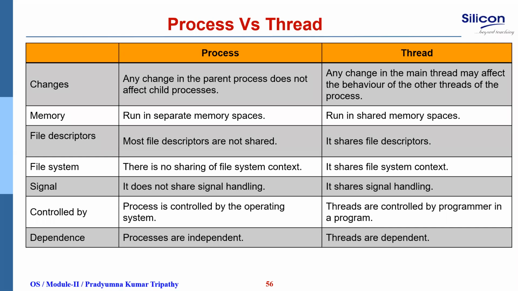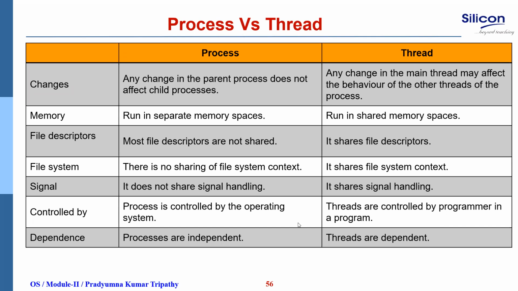All those are managed by the programmer, while processes are almost controlled by the operating system. If you look at the dependency, processes are independent whereas threads are dependent, because they are a part of the process.